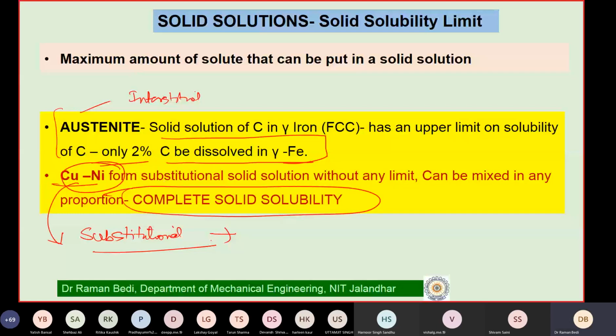Whereas in interstitial solutions, the solubility limit of the solute is fixed. It is normally low as compared to substitutional ones. So this is why solid solubility limit is an issue there.